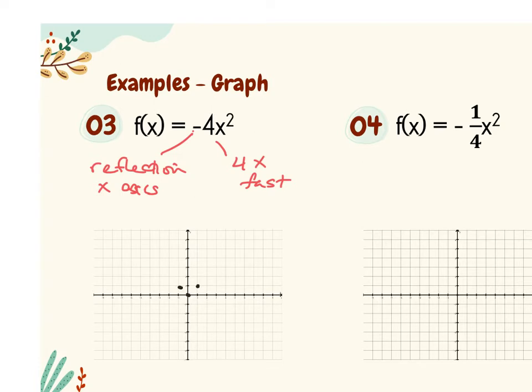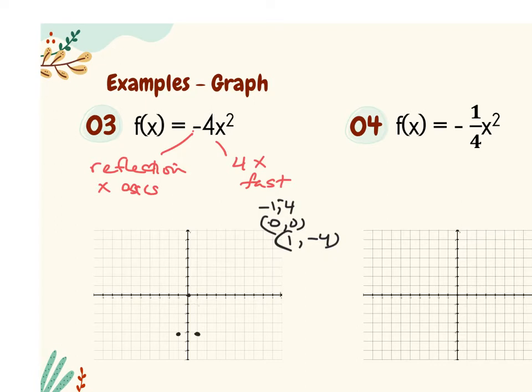If you reflect it first, then it comes down here. Let me get rid of the original ones here. And then now 4 times as fast. Really, the ordered pairs you're going to graph are negative 1, negative 4, 0, 0, positive 1, negative 4. So then here, 1, 2, 3, 4.